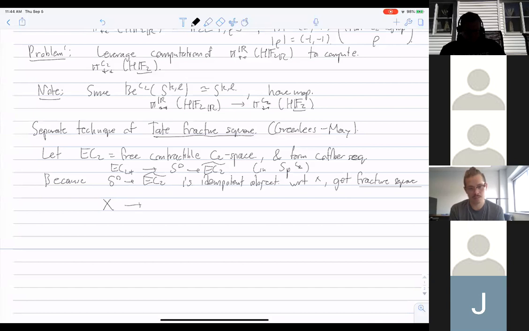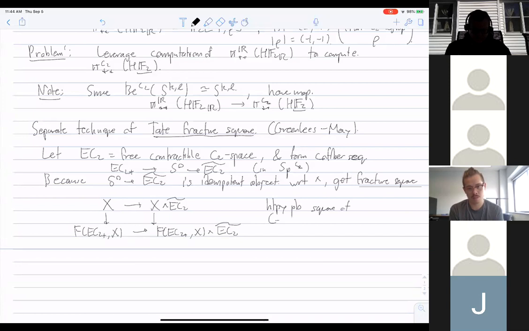I have X in the upper left-hand corner, which I want to decompose. That's a C2 spectrum. I can smash it with EC2 twiddle, or I can HOM in EC2 plus using the internal HOM in C2 spectra. And in the lower right-hand corner, I can combine these two operations, HOMing in EC2 plus first, and then smash with EC2 twiddle. And this is a homotopy pullback square of C2 spectra.